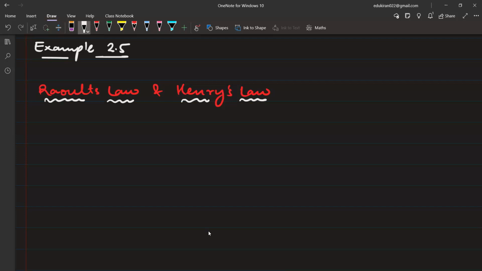In the case of the solute, the vapor pressure of the solute is equal to P naught B into chi B by Raoult's law. By Henry's law, P is equal to KH into chi B. Now what is P naught B? It is the vapor pressure of pure liquid.